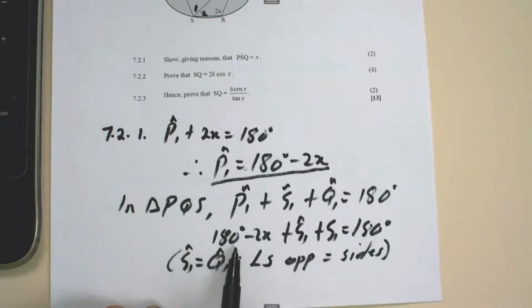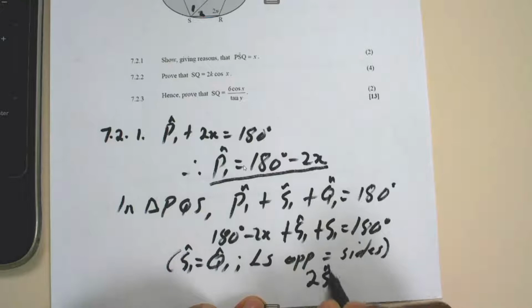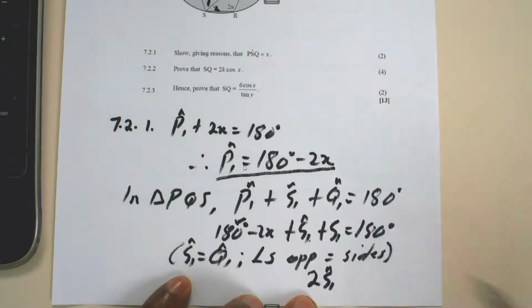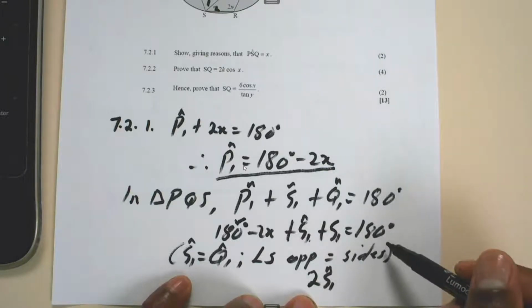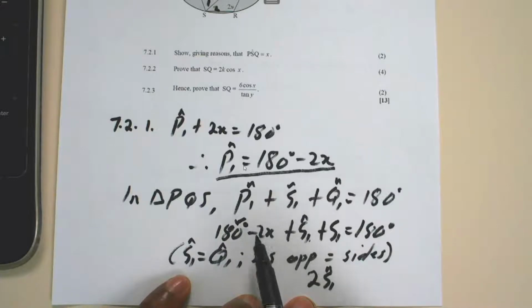So let's work it out. 180 degrees minus 2x plus S1 plus S1 gives us 180. S1 and S1 added give me twice S1. I transpose this 180 to the right, it becomes 180 minus 180, which is 0. The negative 2x, I transpose it to the right, it becomes 2x.